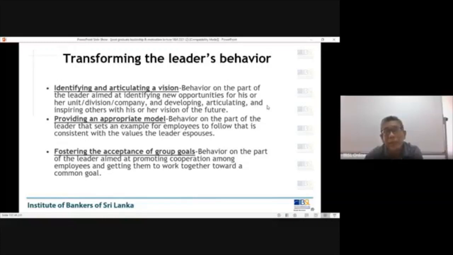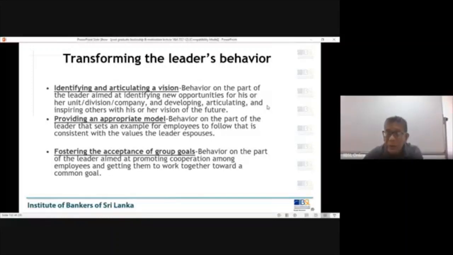One, transforming the leader's behavior: identifying and articulating a vision. Behavior on the part of the leader aims to identify new opportunities for his division or company, and developing, articulating and inspiring others with his own new vision of the future.